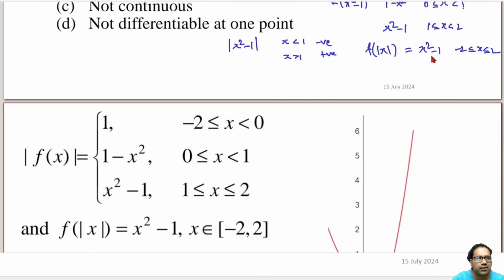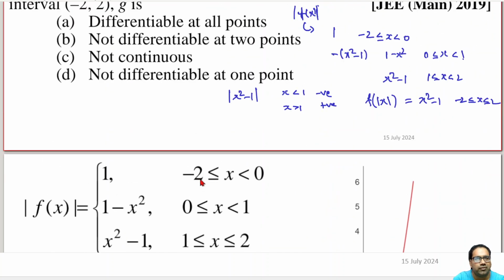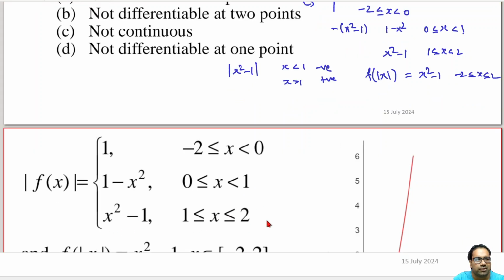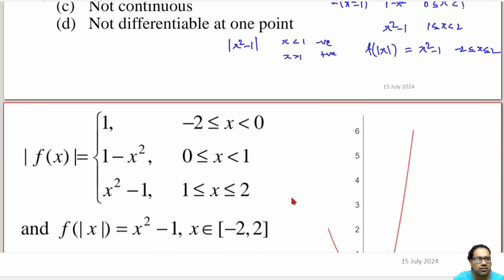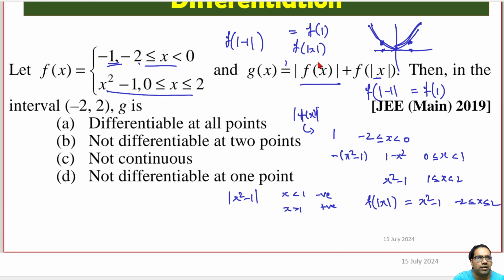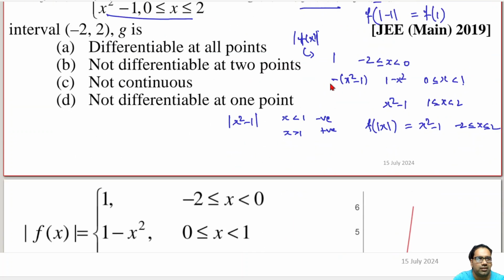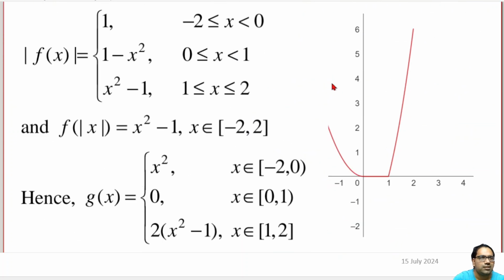Absolute value of f of x we have defined. It is 1 between minus 2 and 0, 1 minus x square between 0 and 1, and x square minus 1 between 1 and 2. And f of absolute value of x is x square minus 1 all the time. Now we want to do the sum of these two, the sum of the respective ones. What is our g of x?